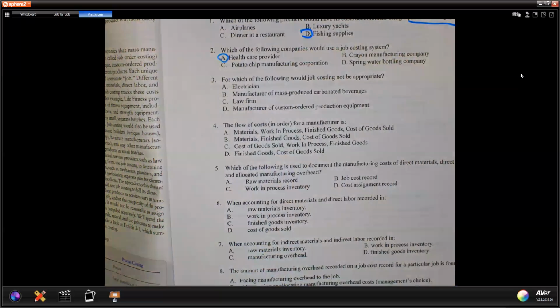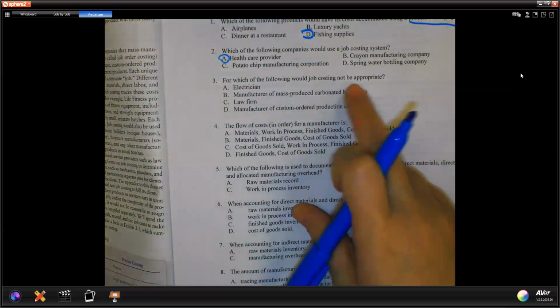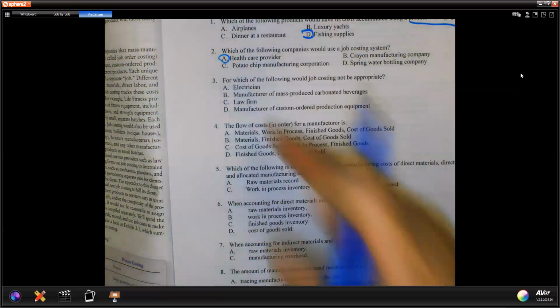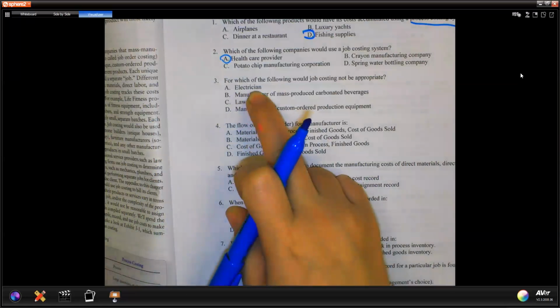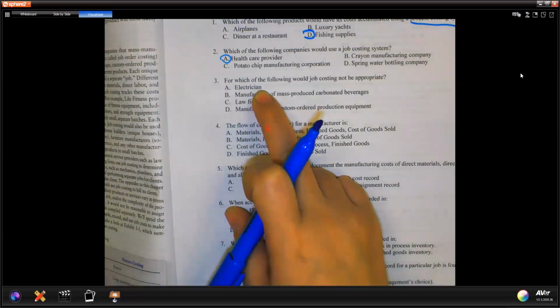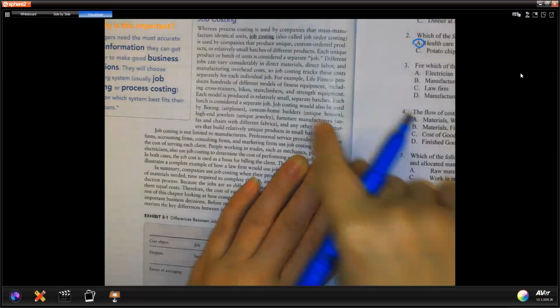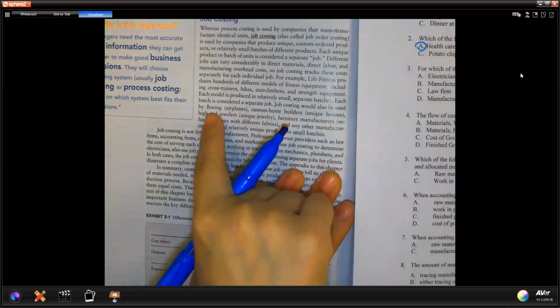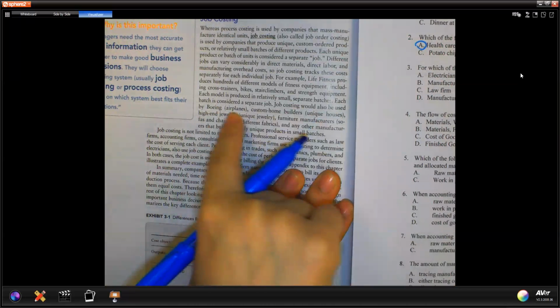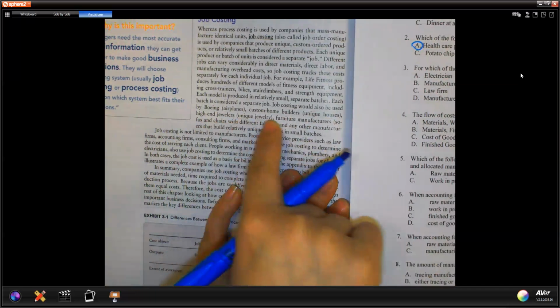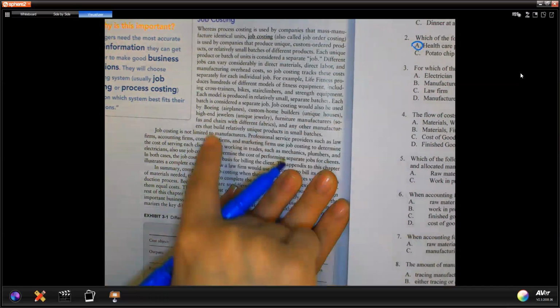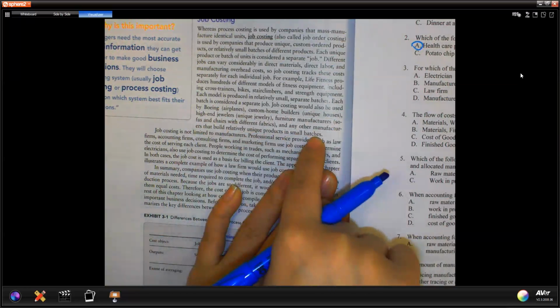For which of the following would job costing not be appropriate? The electrician is for job costing. Actually, the textbook also said job costing is used by Boeing, customer home builders, high-end unique jewelry, furniture, and other manufacturers that build related products in small batches.